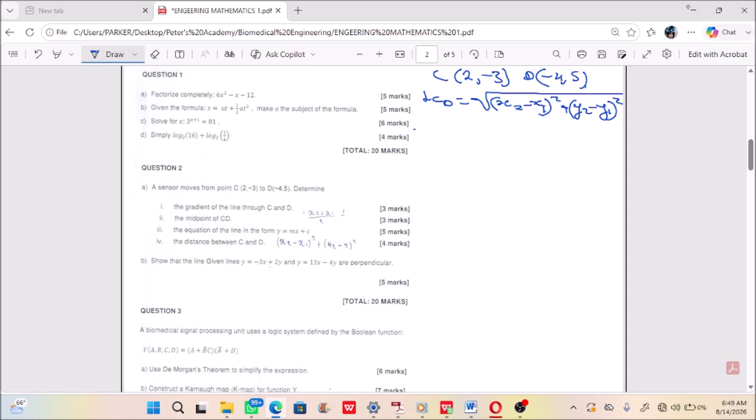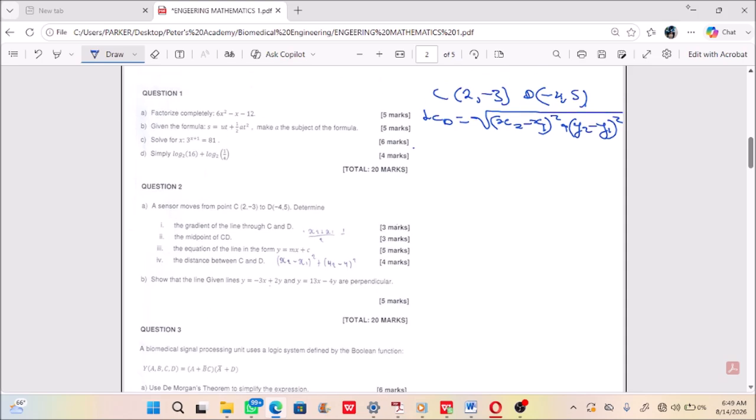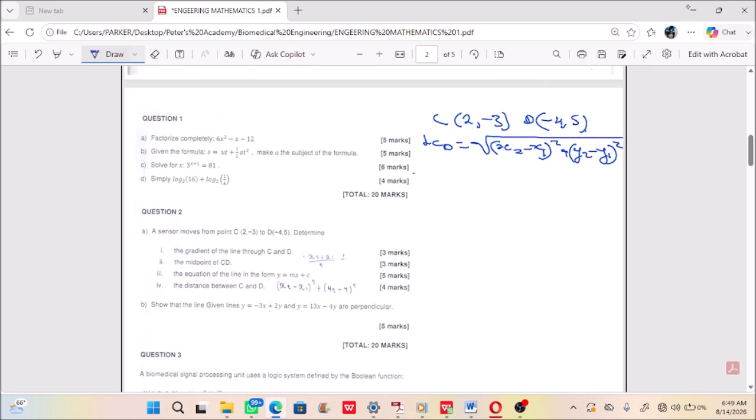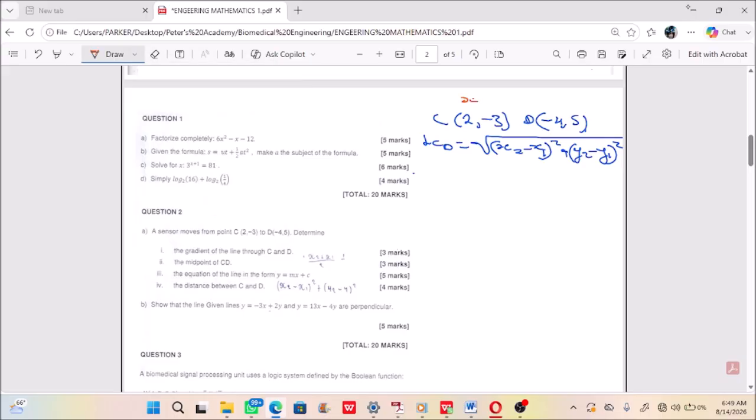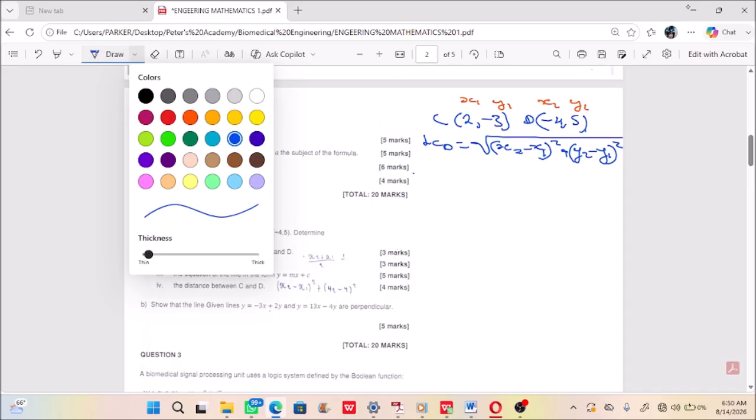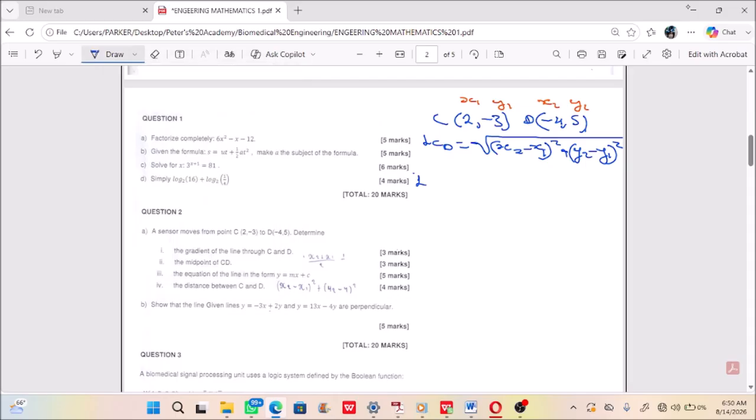So the length of CD, let me just name this: this is x1 and that is y1, this is x2 and that is y2. So the length or distance CD is equal to the root of, what is our x2?